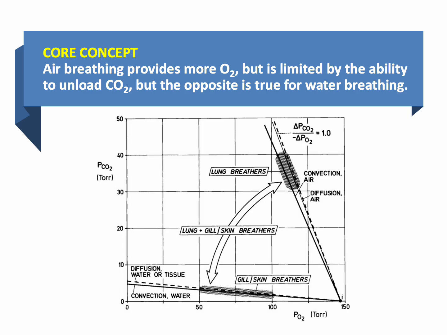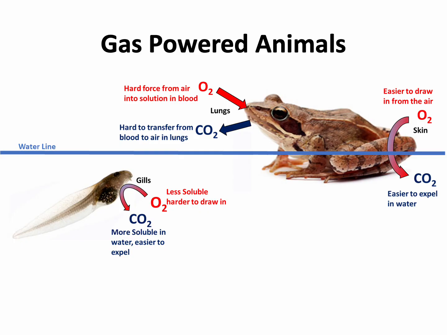On the flip side, things breathing in water have a hard time getting O2 from their environment, but they have no issue getting rid of their CO2 because it likes to dissolve, right? So oxygen doesn't like to be in water, and yet we're forcing it into water. CO2 likes to be in water, and yet we're forcing it into air. So this sets up a big problem.